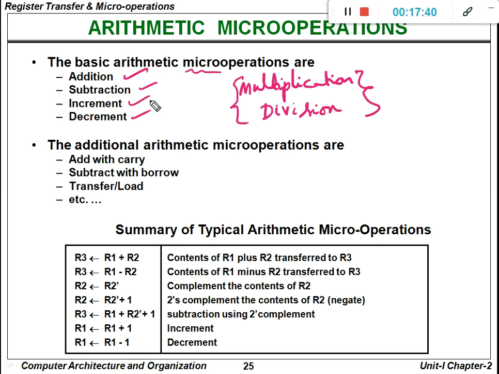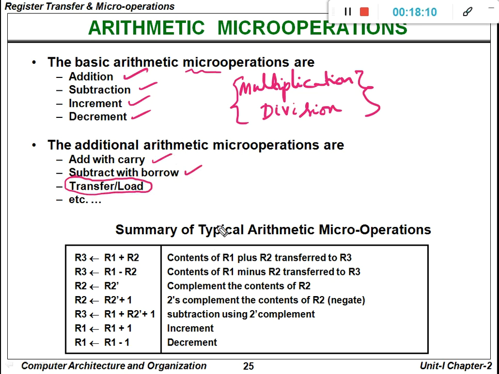However, addition as well as subtraction shall be considered as micro operations because they can be carried out very easily. Similarly, some of the additional arithmetic micro operations are add with carry, subtract with borrow, transfer or load. Transfer or load actually comes under register transfer language, register transfer micro operations.